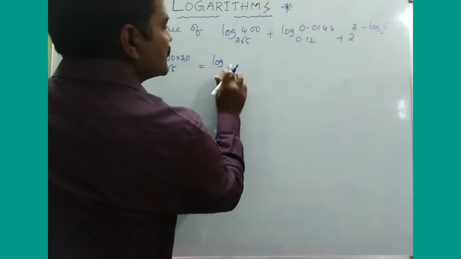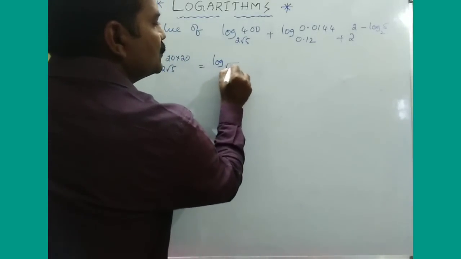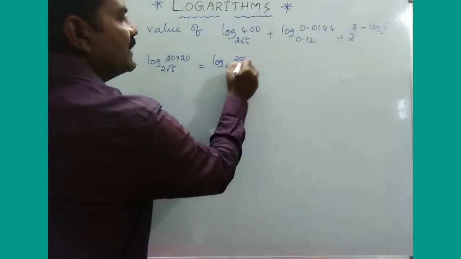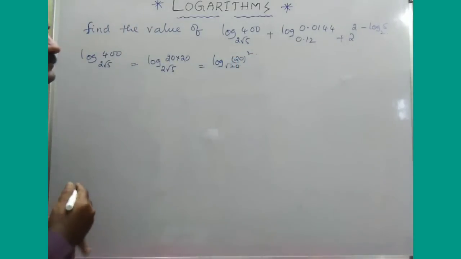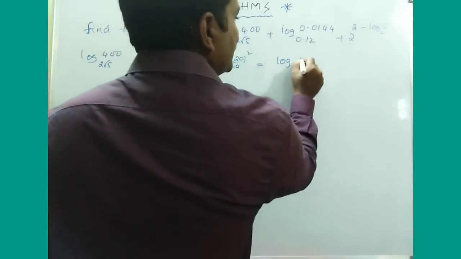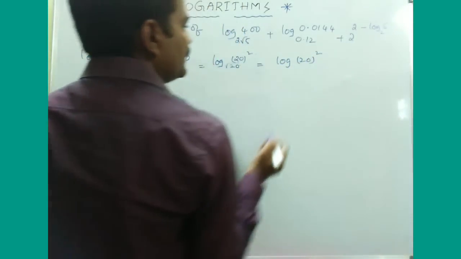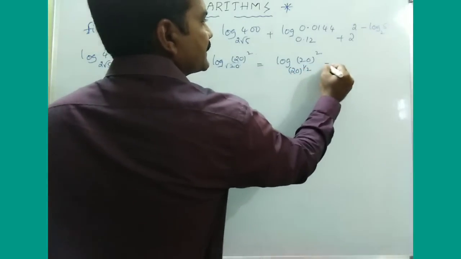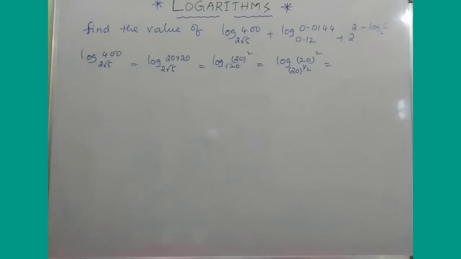The logarithmic base is root 20, whereas the number 20 into 20 is 20 whole square. So finally we can write it as 20 whole square to the base 20 to the power of half, since the square root can be written as power 1 by 2.